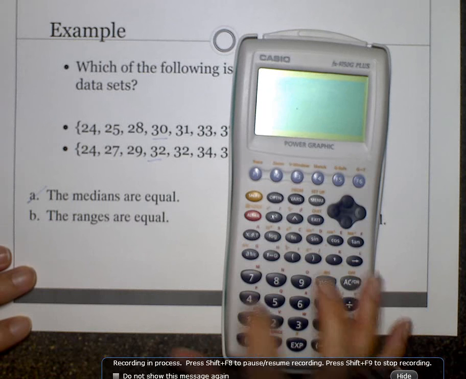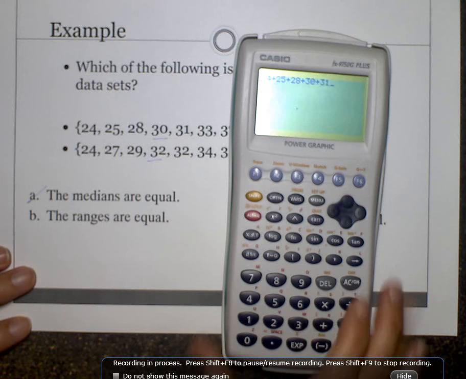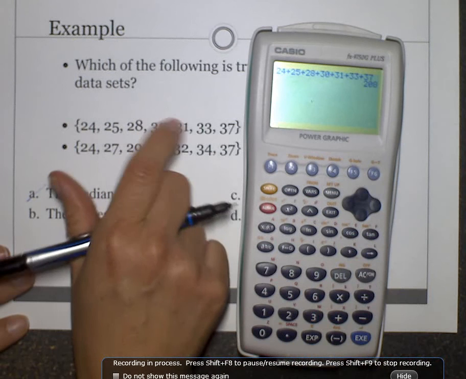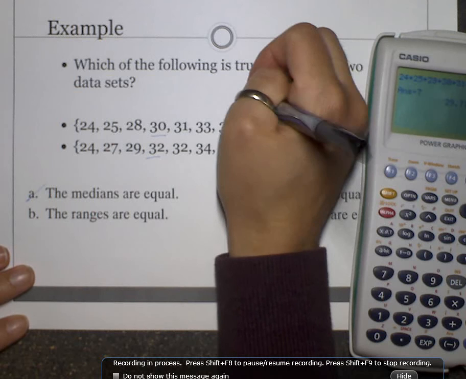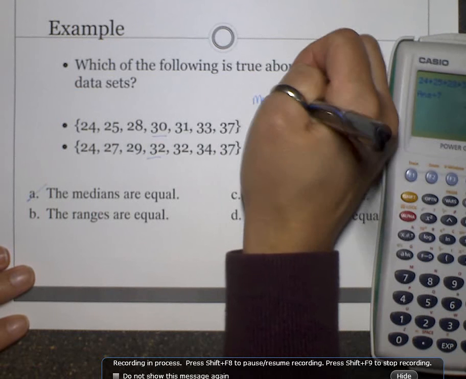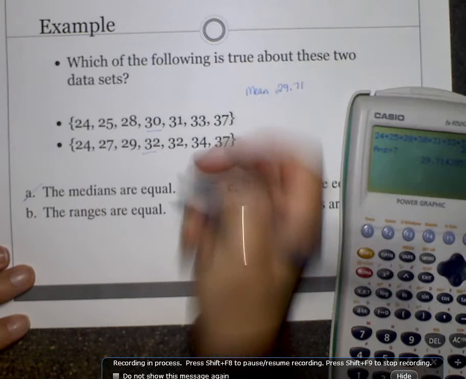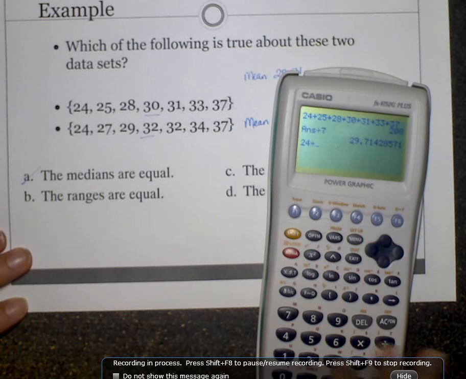So 24, 25, 28, 30, 31, 33, and 37. 1, 2, 3, 4, 5, 6, 7. Divided by 7. I know that my mean on the top value is 29.71. Then, going on, my mean for my second set of data, 24 plus 27 plus 29 plus 32 plus 32 plus 34 plus 37 divided by 7.